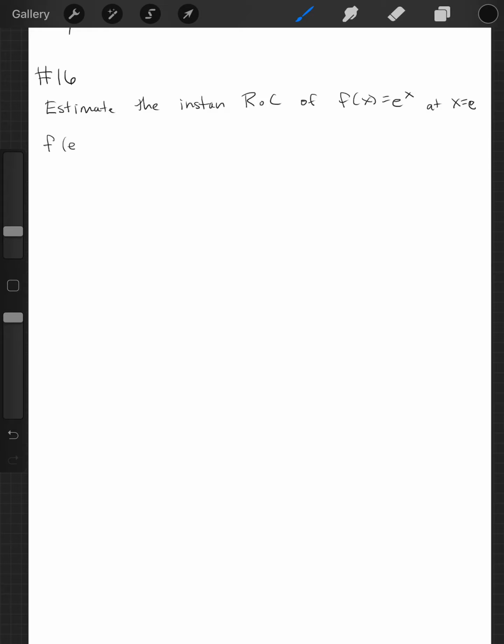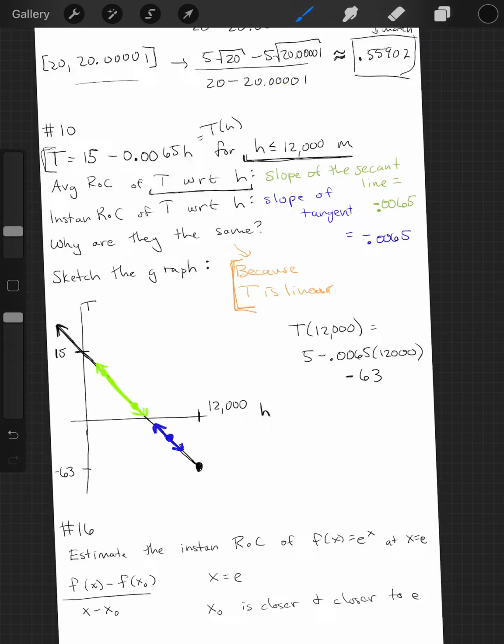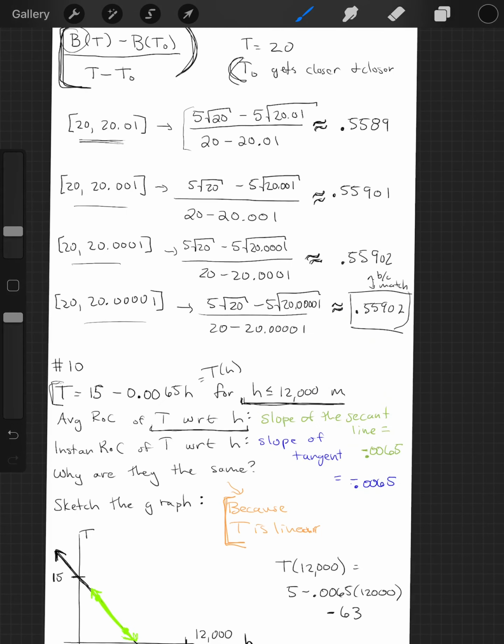Right, so again, this is going to involve looking at f of x minus f of x naught all over x minus x naught, where x is equal to e and x naught is closer and closer to e. So we start off with e, and before, we did 20, and this is really 20 plus 0.001, right?